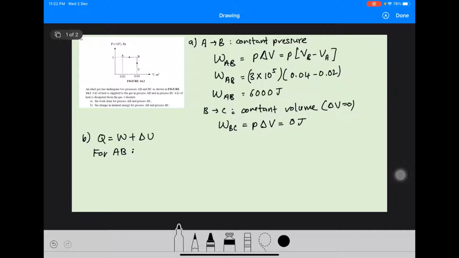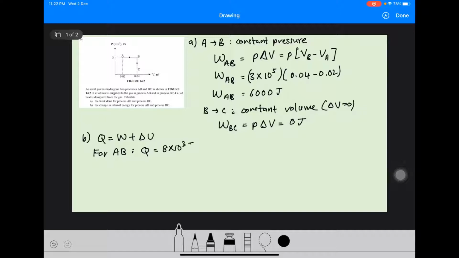If you read carefully, 8 kilojoule heat is supplied to the gas in process AB. Being supplied to the gas means Q is positive, transferred into the system.